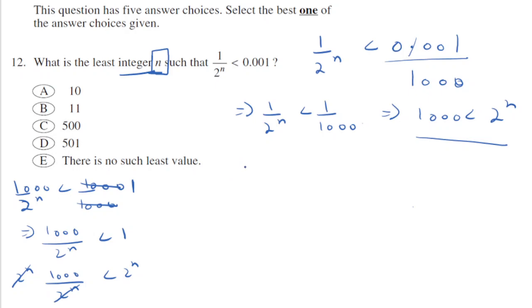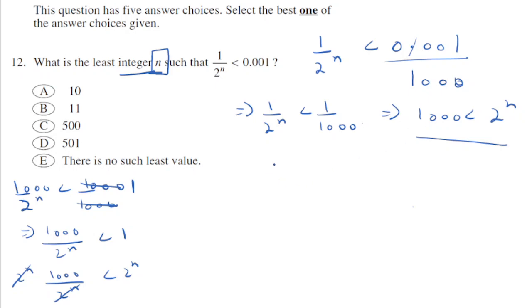Now we can do this question simply by putting in the values from the options, these 4 options, in this inequality, such that 2 raised to the power n should be greater than 1000.